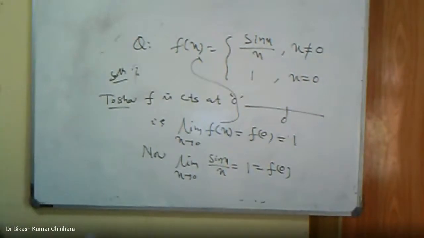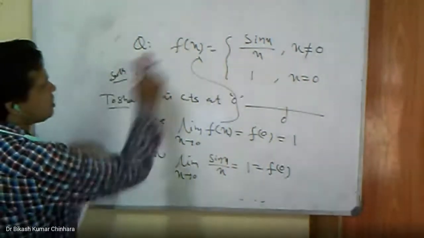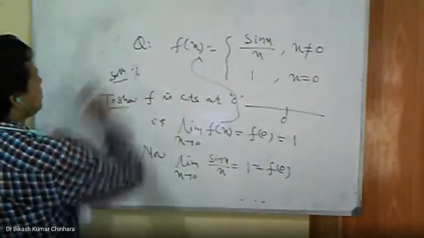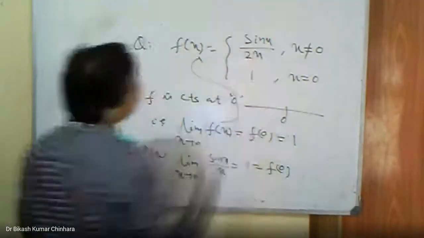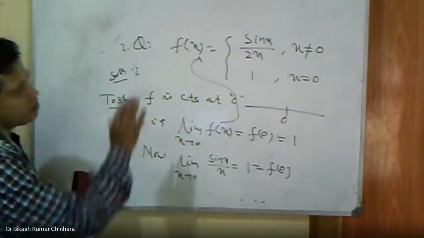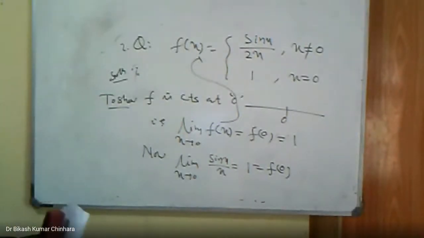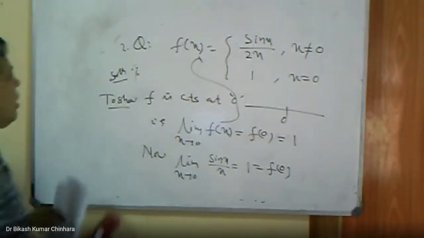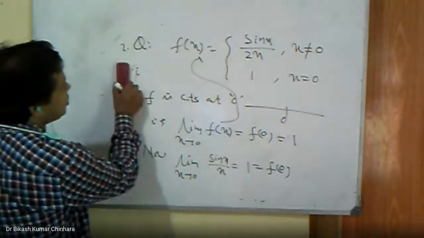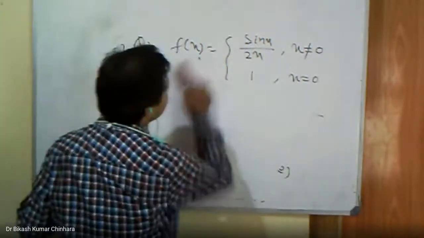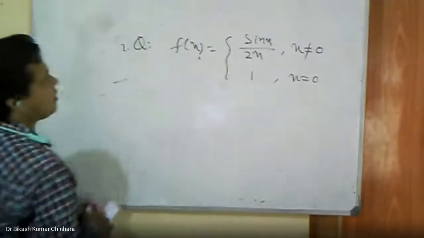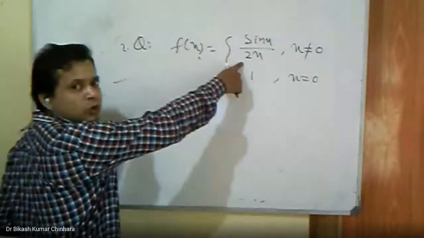Suppose I am changing this question. Next question, question number 2. Suppose here I am writing 2. Now see whether the limit exists, that means whether the function will be continuous or not. For this case, I just put 2 here.